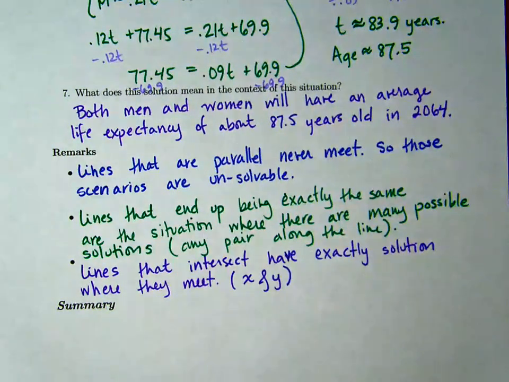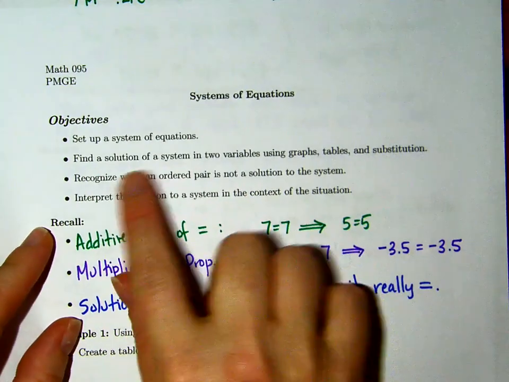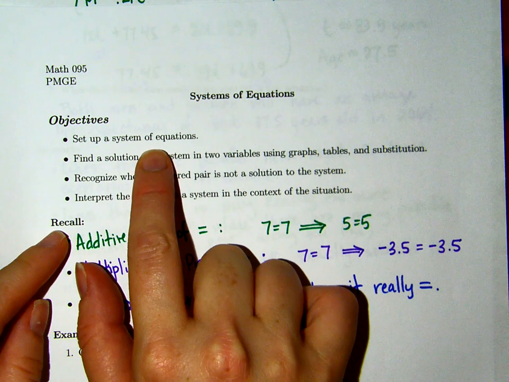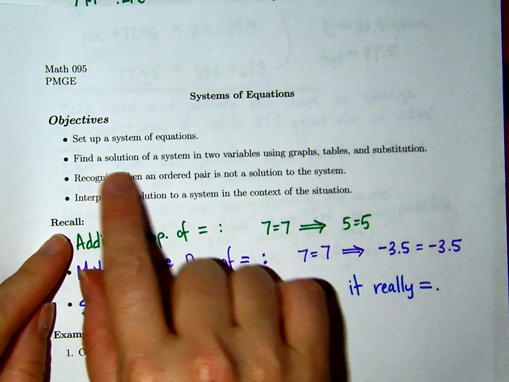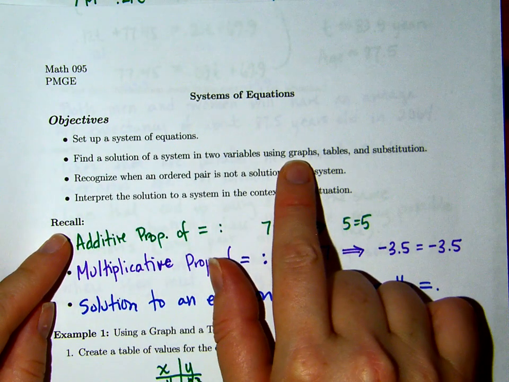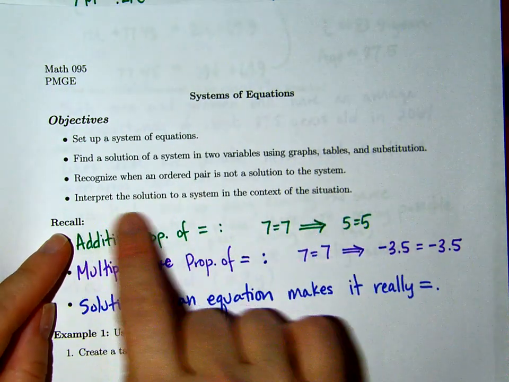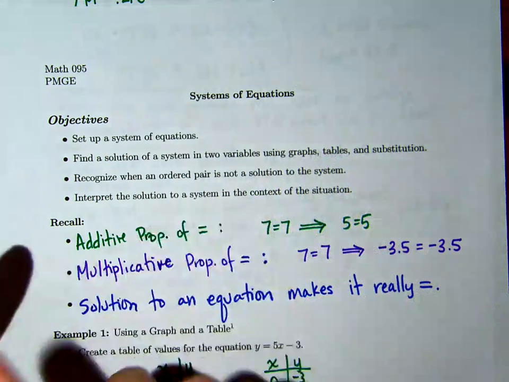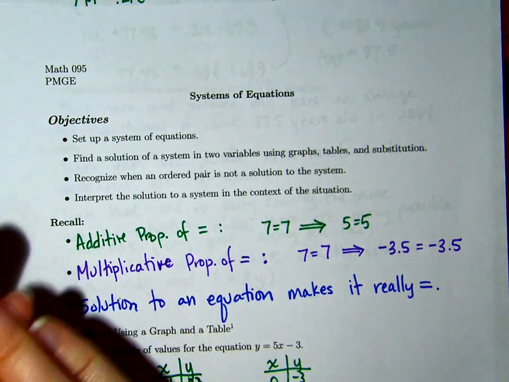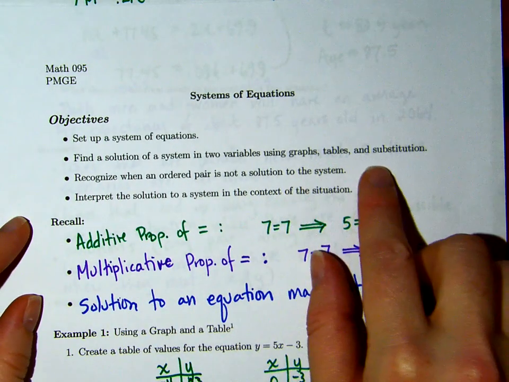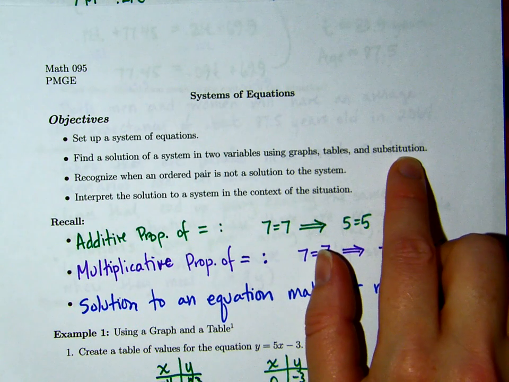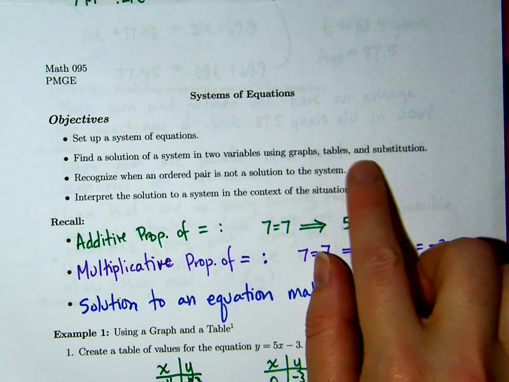Two things working together. So, just to look back, right? Our job was to set up systems. We did that. Find solutions using the graph, and that's where they intersect. Finding tables, and that's where they all are the same. So, well, the y values are exactly the same for the same corresponding x.